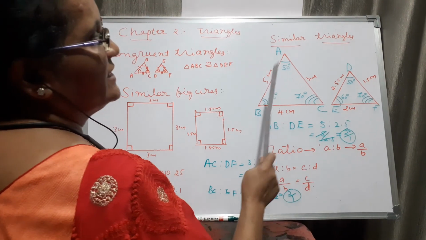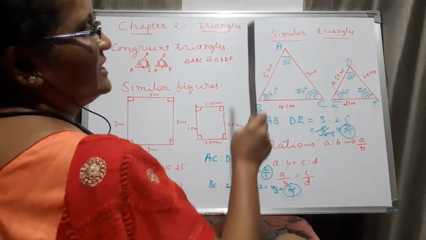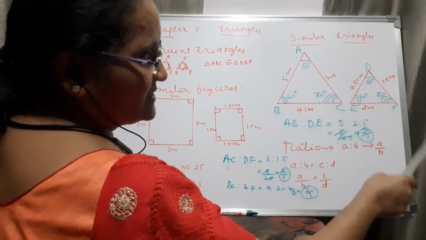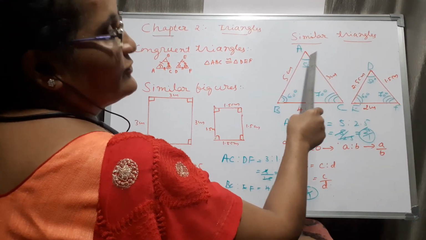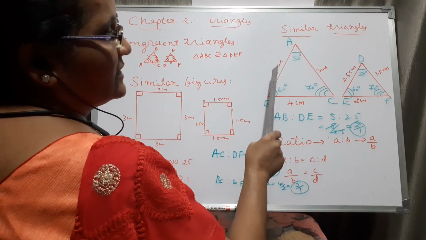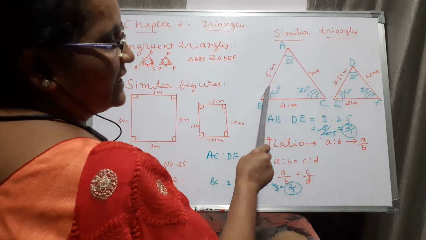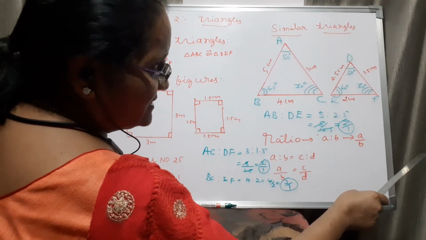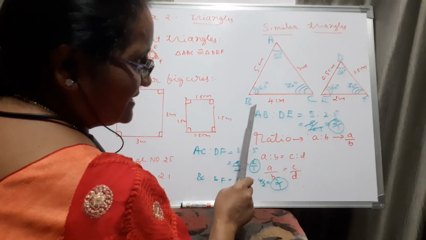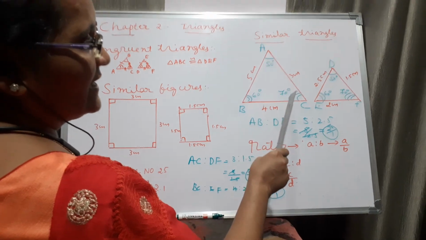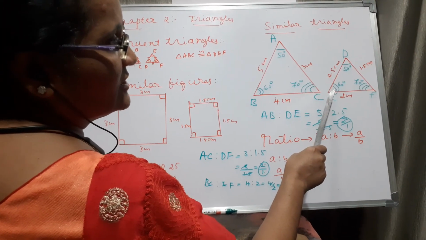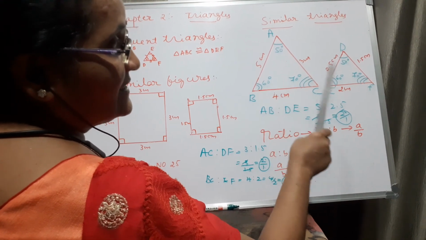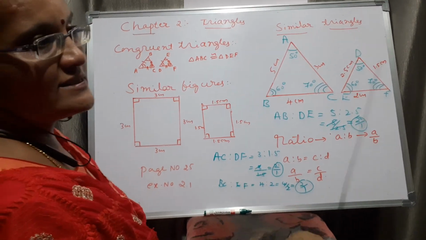Understood? Once again I am saying, if in two triangles the angles of one triangle are equal to the corresponding angles of another triangle, and the sides of one triangle are proportional to the corresponding sides of another triangle, then we say that those two triangles are similar.